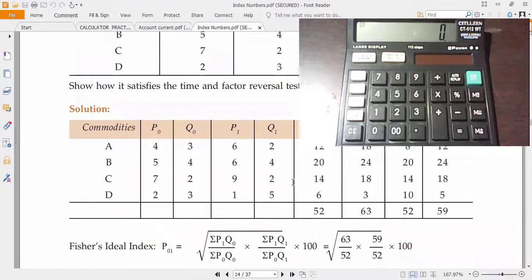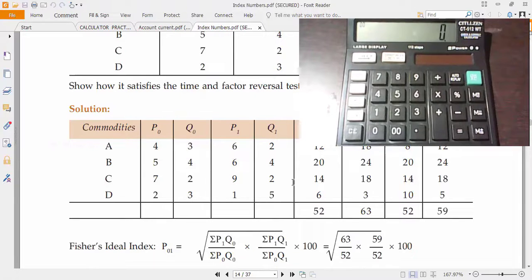For this, don't use M plus and MRC continuously, because if you commit any mistake, you have to start again from the beginning. Instead, calculate separately the sigma P1 Q0 value, the P1 Q1 value, the P0 Q0 value, and the P0 Q1 value.